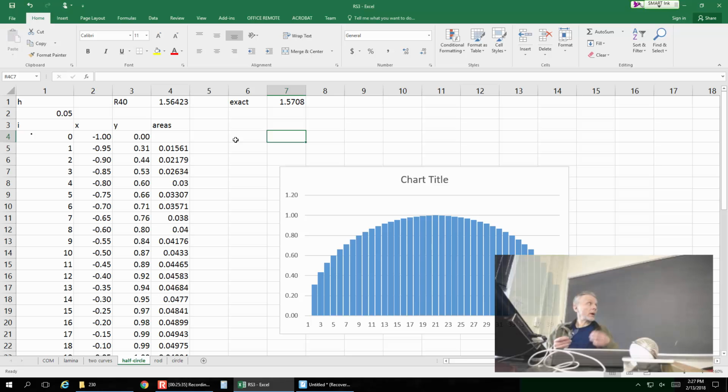If the step was small enough, 0.1 or 0.05, we ended up with a number that is pretty close. This is the result of our computation, the sum of these areas. And over here, the result is the exact result, which is pi over 2.